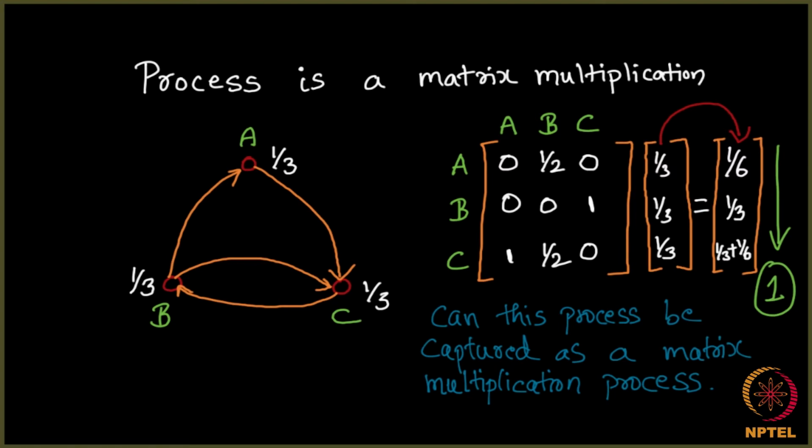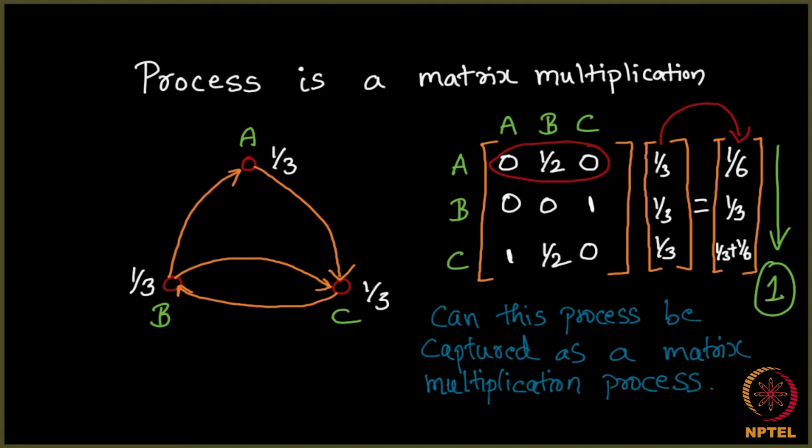So take a minute's pause and see how exactly this matrix is giving rise to the next iteration. Let me go through it slowly so that you all understand. So when you multiply 0, half and 0 with 1 by 3, 1 by 3 and 1 by 3, basically this half gets multiplied with this 1 by 3 giving you 0, 1 by 2 gets multiplied with 1 by 3 giving you 1 by 6, and 0 gets multiplied with 1 by 3 giving you 0, right?